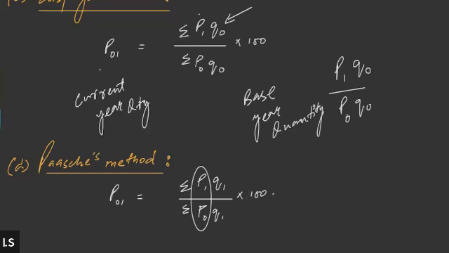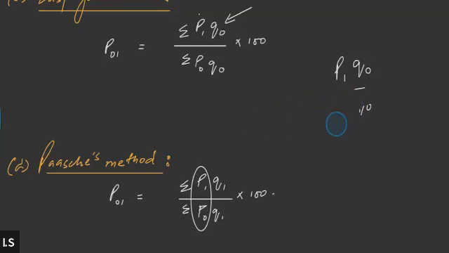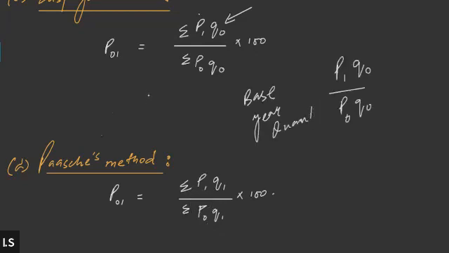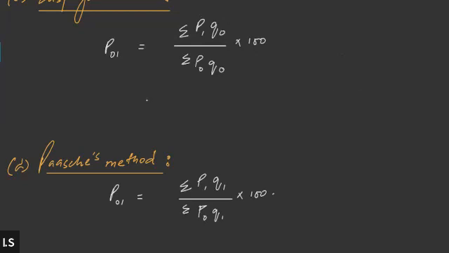If you understand that, you will be able to understand this formula. Always keep P1 in the numerator and P0 in the denominator. While writing the Laspeyres formula, we keep the base year quantity in the numerator as well as the denominator, but while writing the Paasche formula, we keep the current year quantity in both. Okay, is this clear to you?